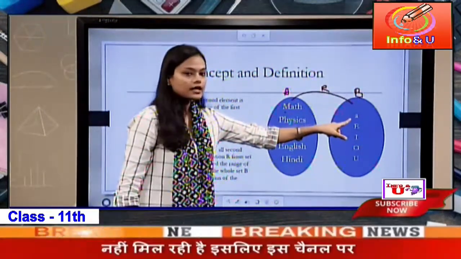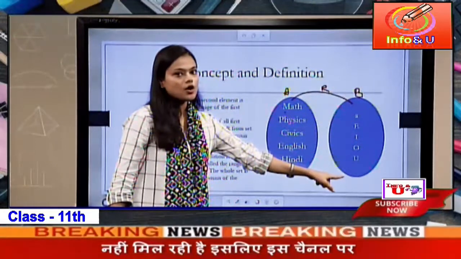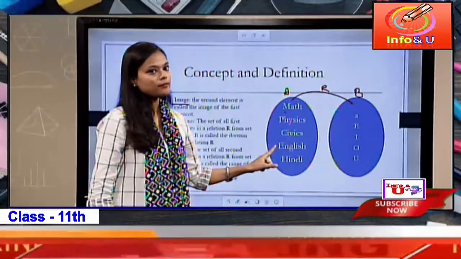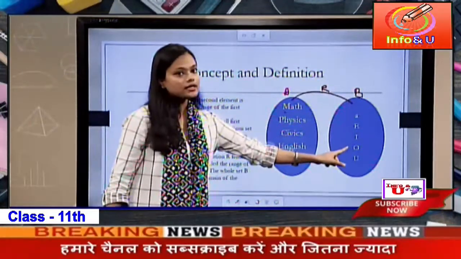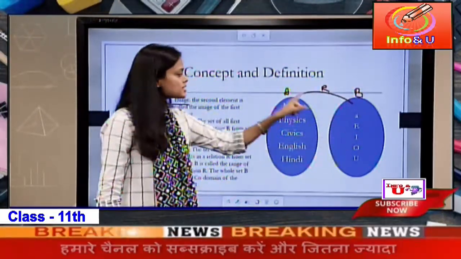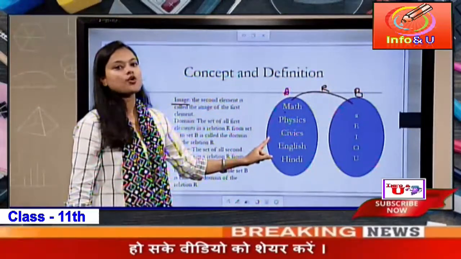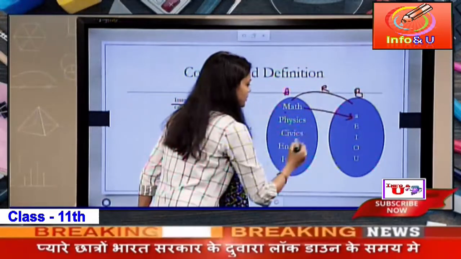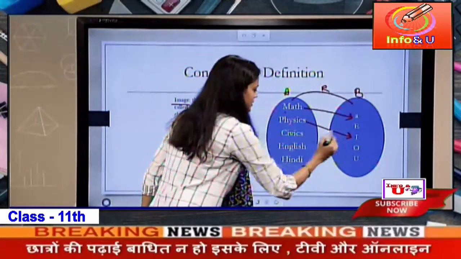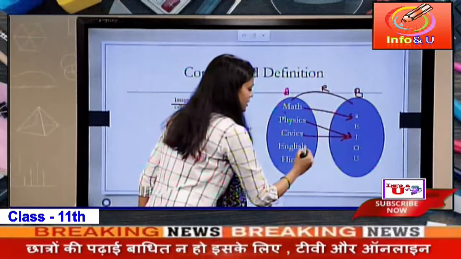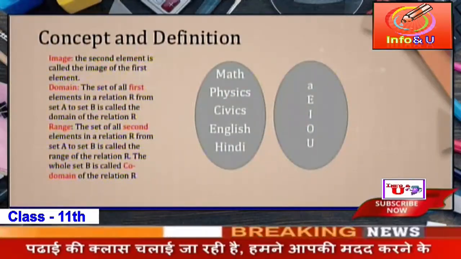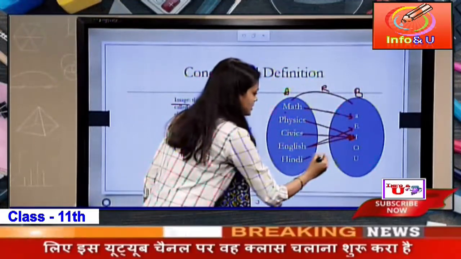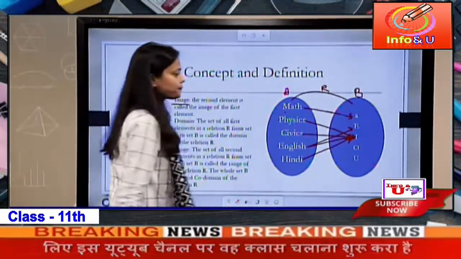Y is related, that means all the elements in set B are related to the elements in set A, where Y is representing vowels in the elements of set A. So math is related to A, physics is related to I, civics is related to I, English is related to E and I, and Hindi is related to I.